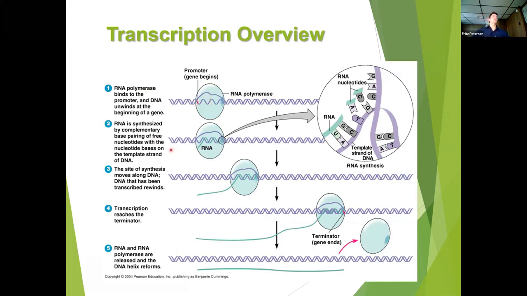And then the RNA is synthesized by complementary base pairing of free nucleotides with the nucleotide bases on the template strand of DNA. So as this polymerase moves, it'll add new nucleotides. Here you can see the RNA nucleotides being added and the template strand serving as instructions for the order of these nucleotides.